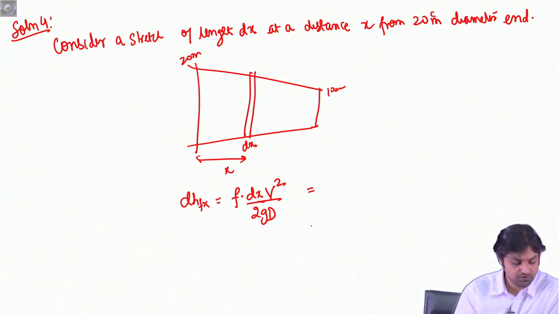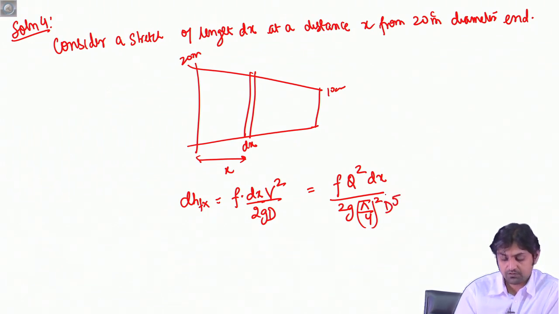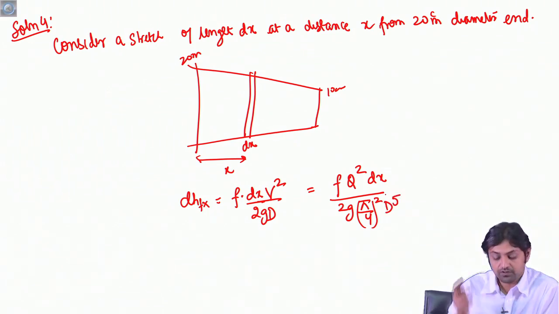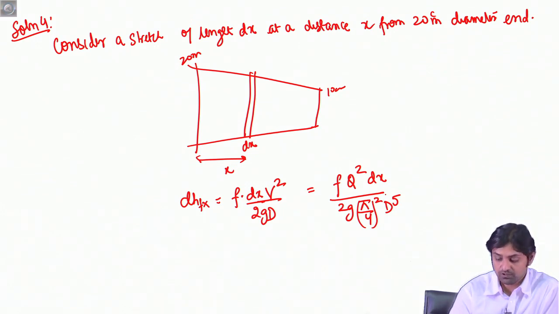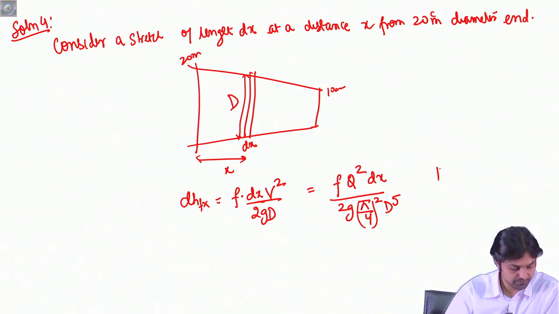If we write in terms of Q, we can write friction factor f Q square dx divided by 2g into pi by 4 whole square into D to the power 5, because V square will be Q square by A square and A is proportional to D to the power 4 in the square. So, we are going to get this equation, where D is the diameter at distance x.